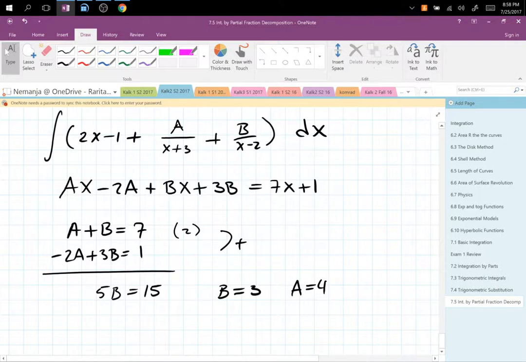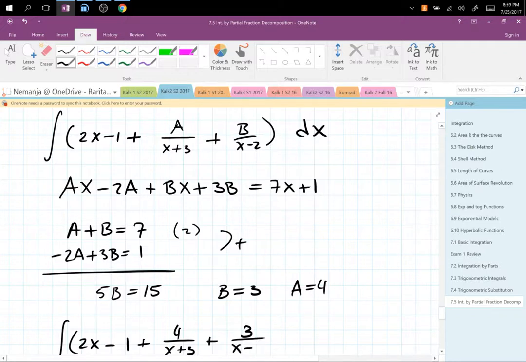So now the integral that we have to solve is 2x minus 1 plus 4 over x plus 3 plus 3 over x minus 2 dx.